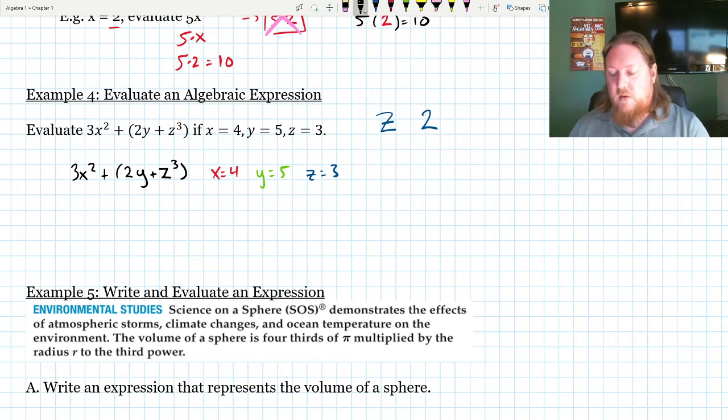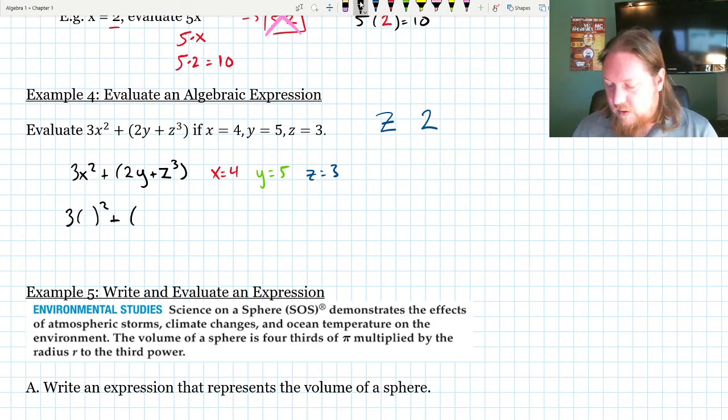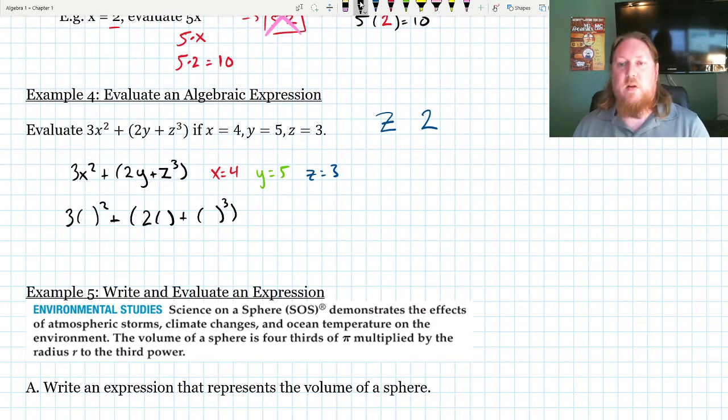Now, I'm going to substitute all these values in. 3 times x squared, notice I'm just putting parentheses, plus parentheses 2 times y, plus z cubed, and I'm going to close that off with parentheses. Now, I'm going to look through the original expression. Anywhere I see an x, I'm going to write down the value of 4 because that's what x equals.